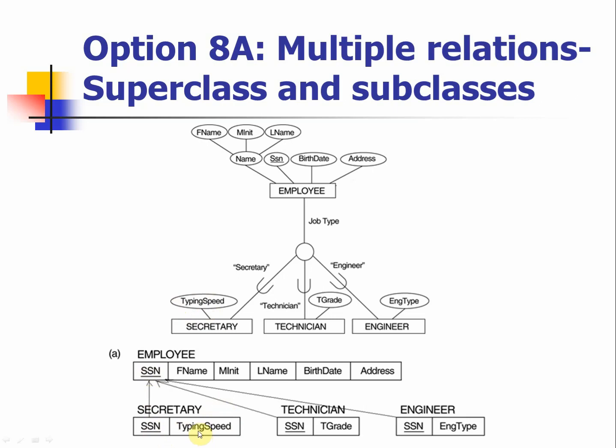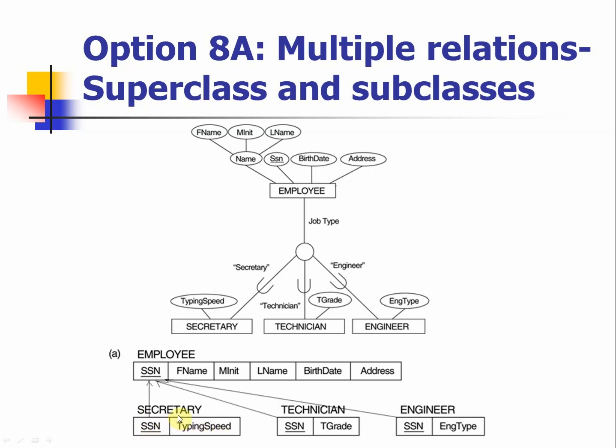I said this is very similar to the multi-value attribute in that it creates a primary key, forms the foreign key, and goes back to the belonging entity. The only difference is that for the multi-value attribute, it will have its attribute, and the primary key of this newly created relation will underline both. For the subclass, it's different.